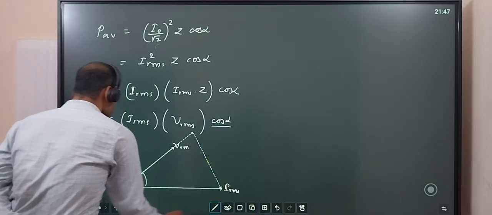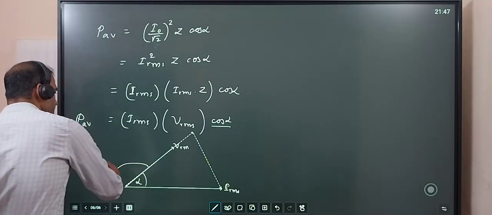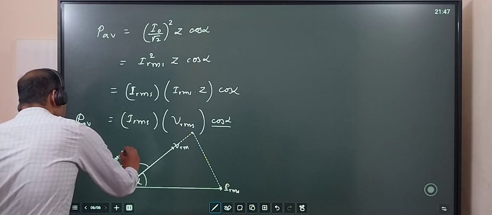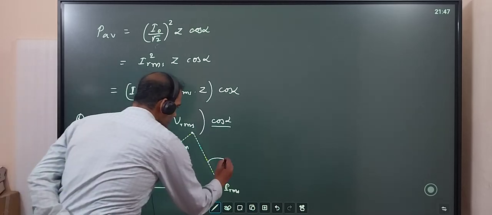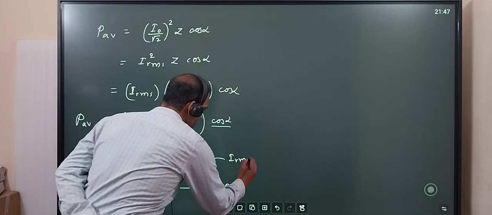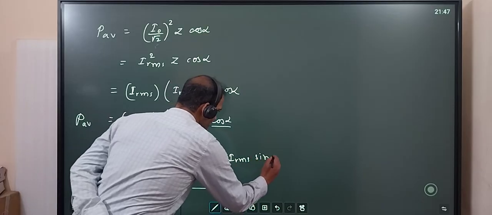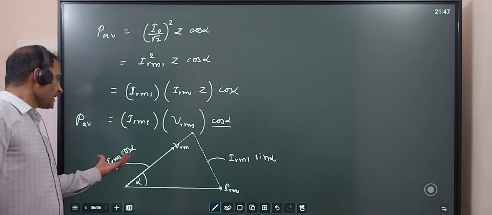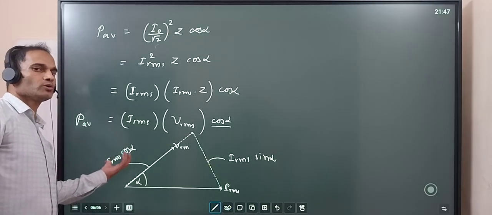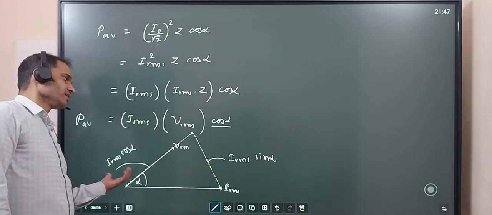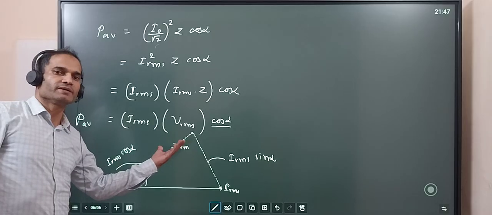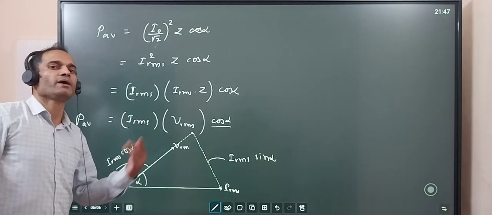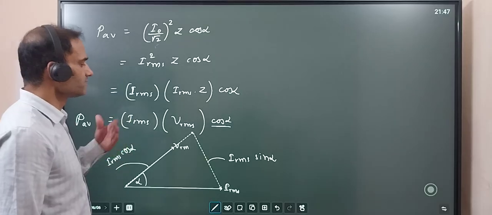So this part is IRMS cos alpha, and this part is IRMS sin alpha. Okay, because of this IRMS cos alpha, power is getting dissipated, and because of this IRMS sin alpha, power is not getting dissipated.